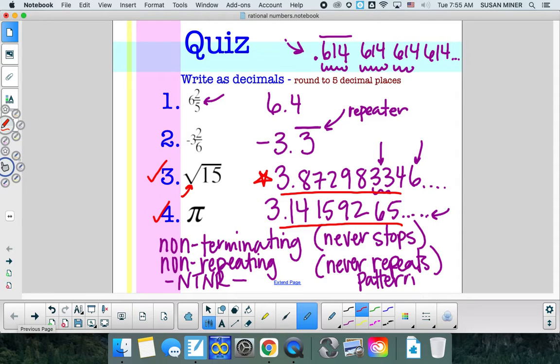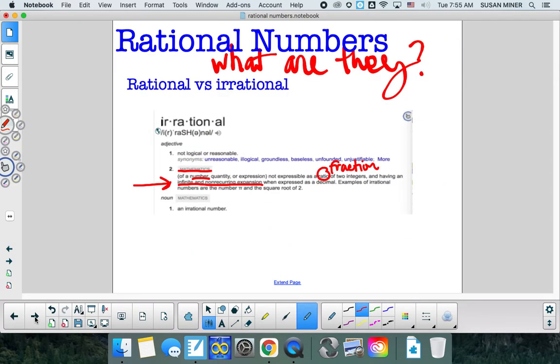But for right now, we use the Greek letter pi to symbolize this big long decimal expansion because we don't have a fraction or another way to express a decimal expansion that goes on forever and ever. So irrational numbers are numbers that can't be expressed as fractions. They have non-terminating, non-repeating decimal expansions.